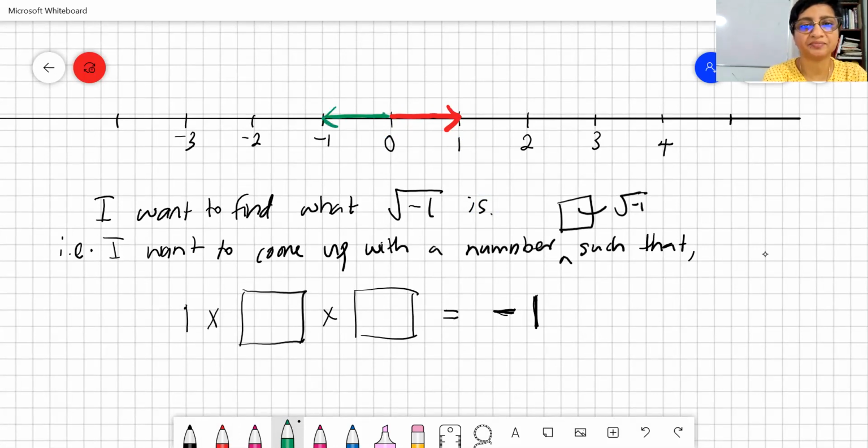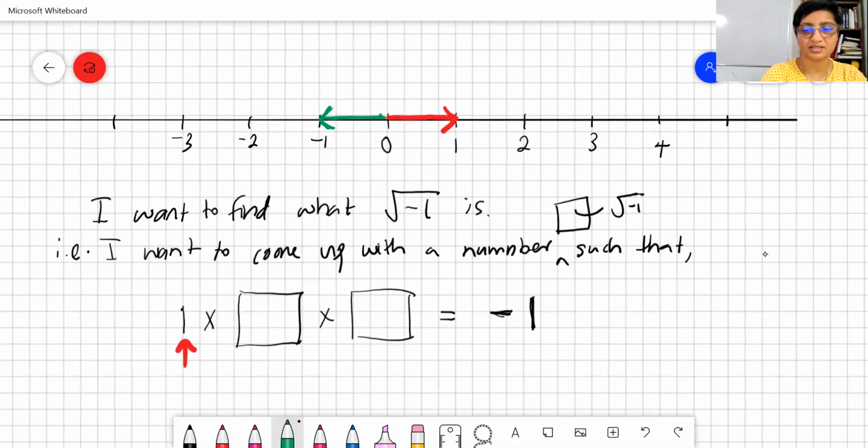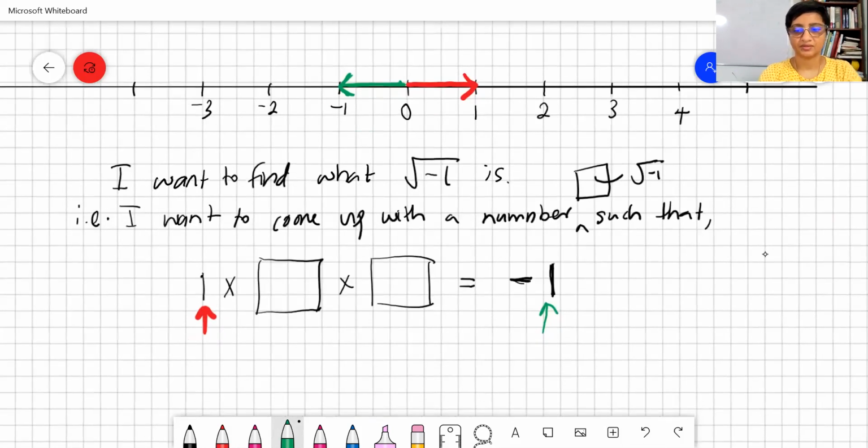I have to end up here. This is the one I start with, and this is my answer. Or let me completely draw it this way. So I started with that, and I have to end up with this.